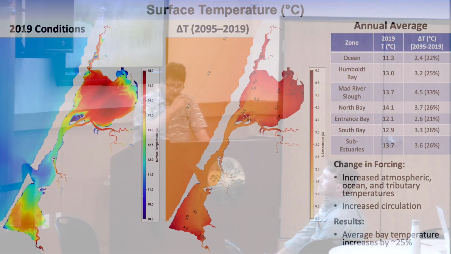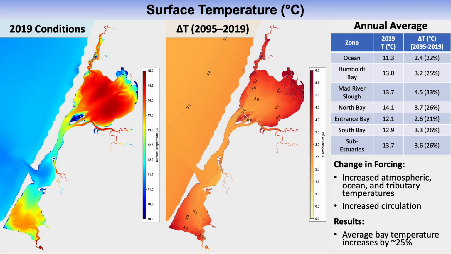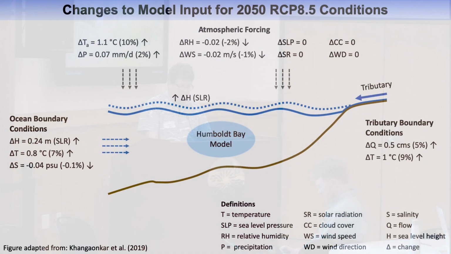From the atmospheric forcing side, we see that air temperatures are expected to increase by about 3.6 degrees C. And actually, this was a little surprising to me, but precipitation is supposed to increase by about 10% annually. We had some variables, and there are definitions down here, but we see relative humidity and wind speed actually decreasing a little bit into the future, but not a lot, only by a few percent.